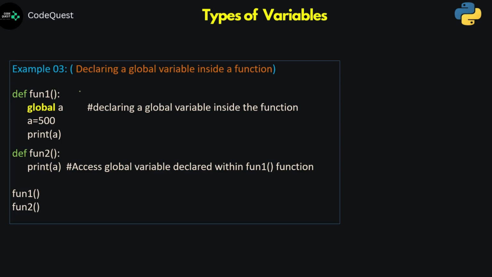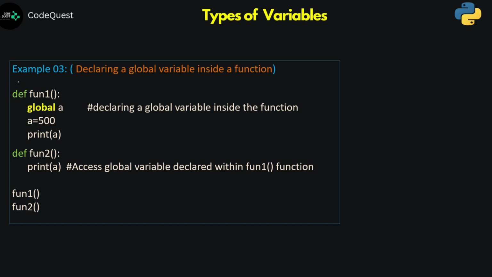So for that, let's say here I'm defining the fun1 function, where we use the global keyword once again followed by a. This line is actually declaring a global variable inside the function. In usual practice, we define the global variable outside without using the keyword global.